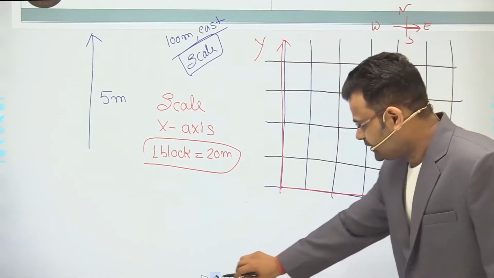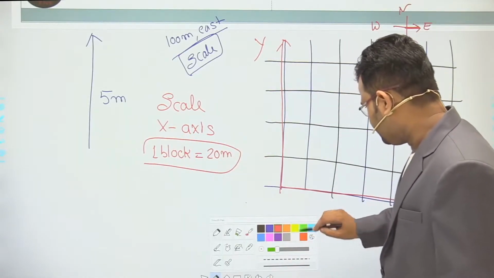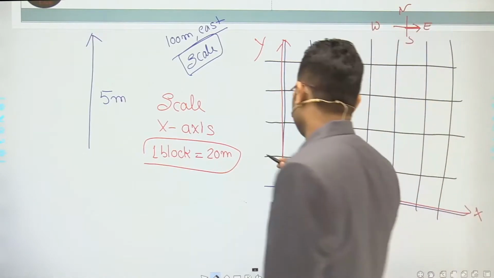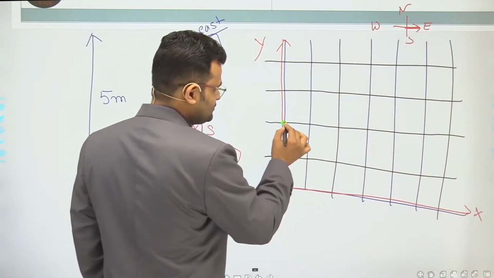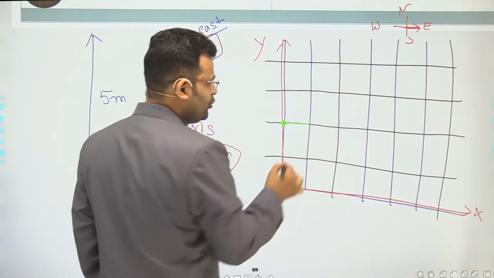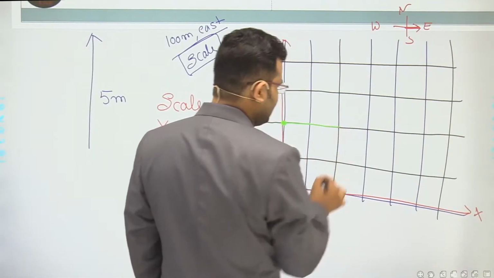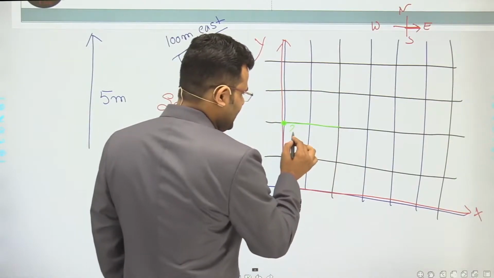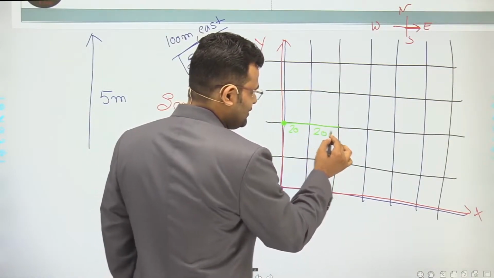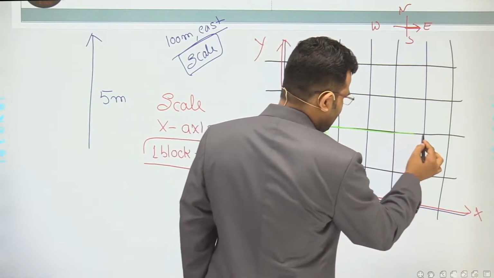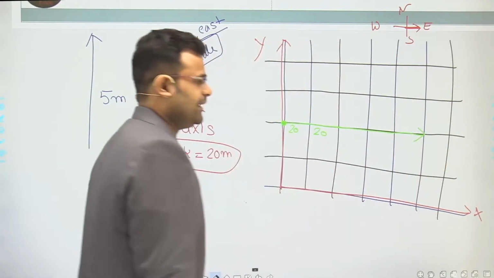How? 1 block is 20 meter. Let's suppose, dear students, we show the line. 1 block means we start from that point. If we draw 1 block, we measure 20 meter. If we draw 1 more block, that is 40, that is 20, again 20. How many blocks are required? 5 blocks are required to draw that line.